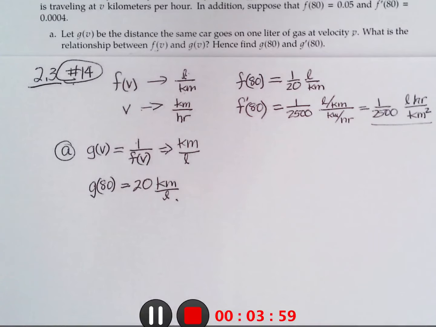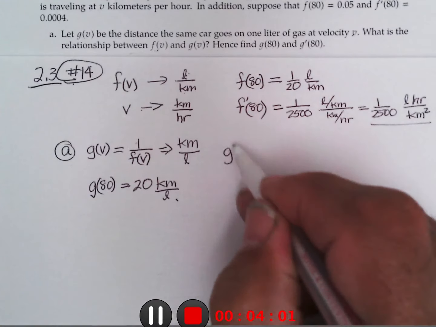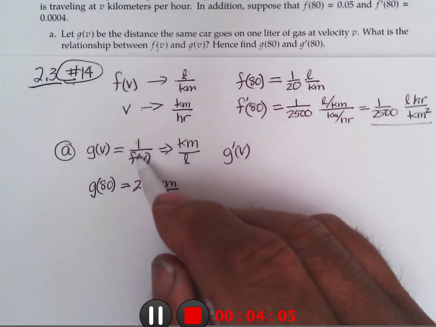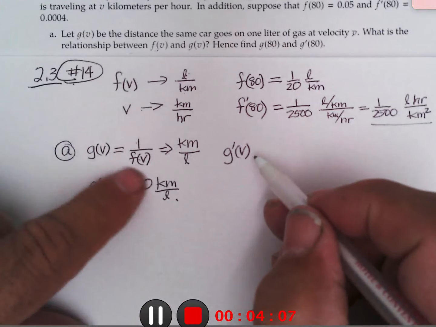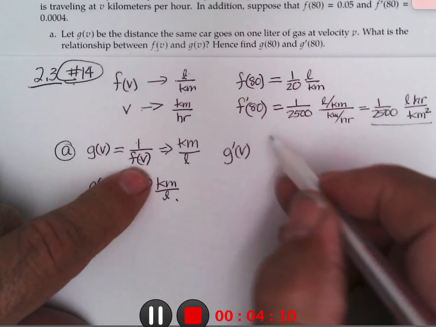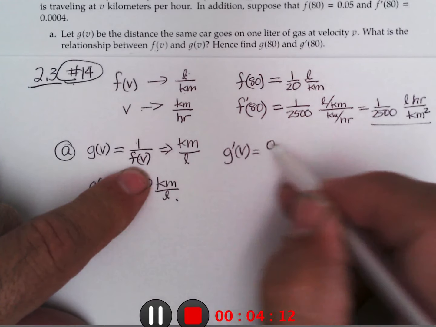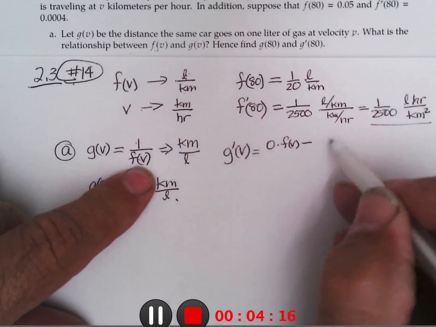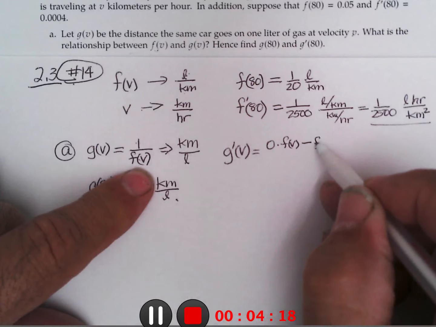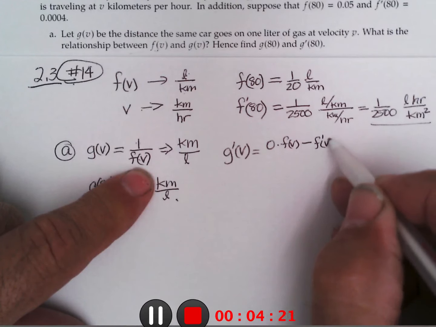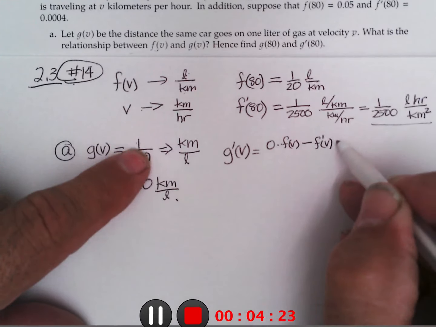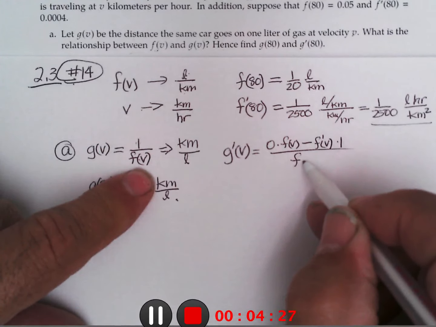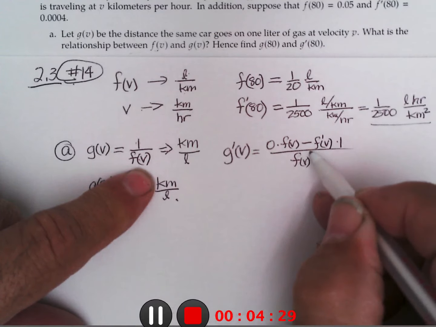But G prime of V, we have a quotient here, so we have to take the derivative: the derivative of 1 is 0 times the denominator, minus the derivative of the denominator times the numerator, over the denominator quantity squared.